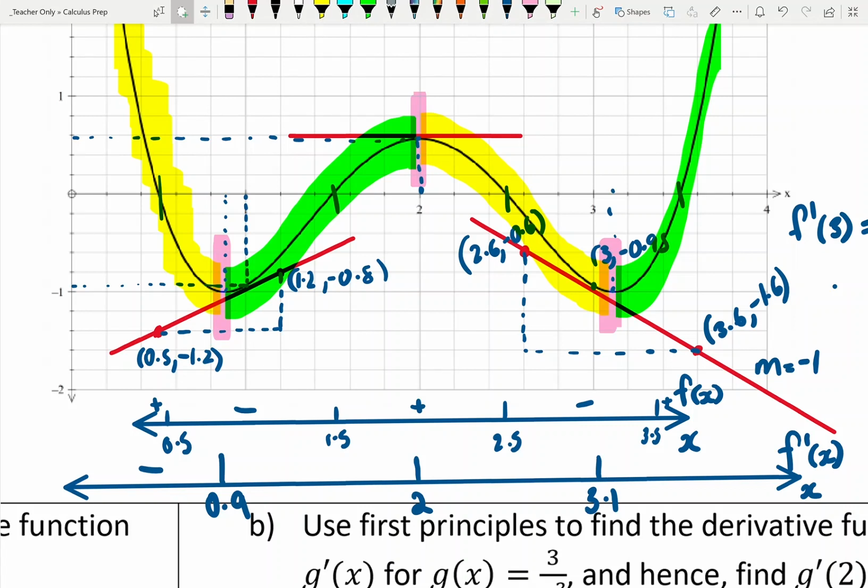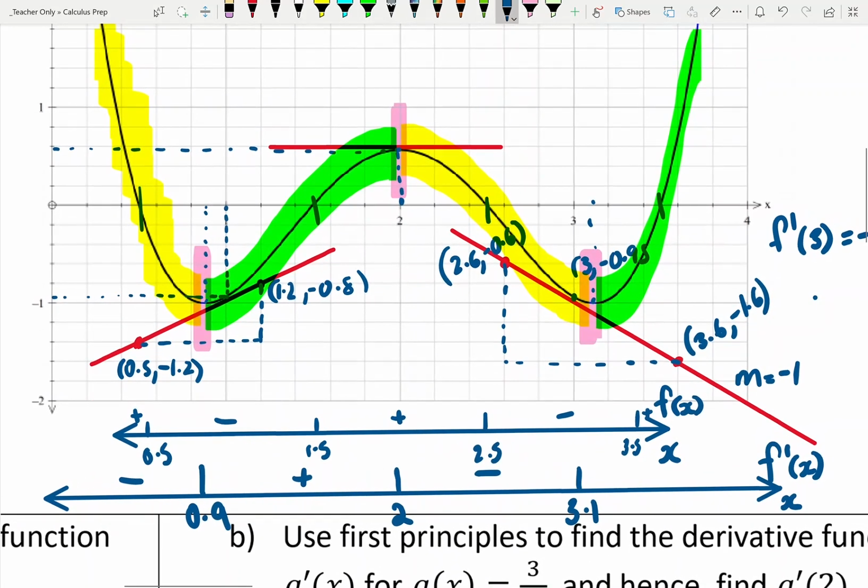It doesn't matter whether it's above or below the x-axis, it's whether it's sloping downwards, sloping upwards, or neither. It's neither sloping down nor up at 0.9, but between 0.9 and 2, it's sloping upwards. Between 2 and 3.1, it's sloping downwards. And between 3.1 up to infinity, it is sloping upwards. So there you've got the sign diagram for not only the function, but the derivative of the function as well.